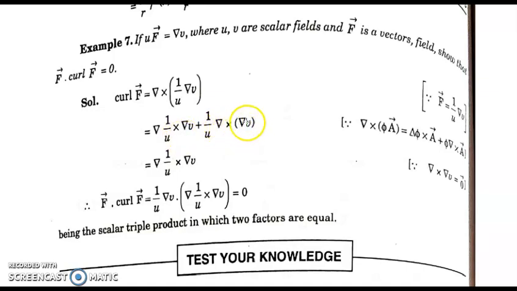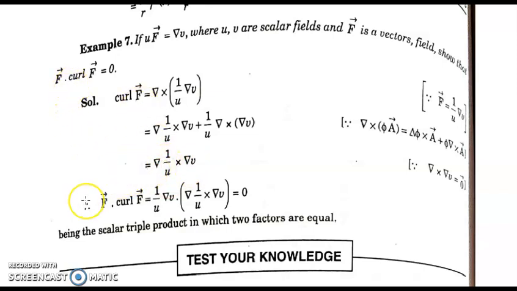Now the second term here will be 0, because this is curl of gradient of v. Curl of gradient of phi is always equal to 0 for any scalar field phi. We have seen that property earlier. So del cross del v will be equal to 0. Curl of gradient will be 0. So the second term will be 0. So remaining you have del 1 by u cross del v. So that is the value of curl f.